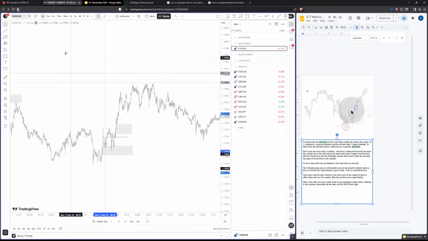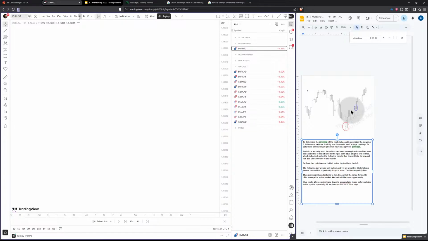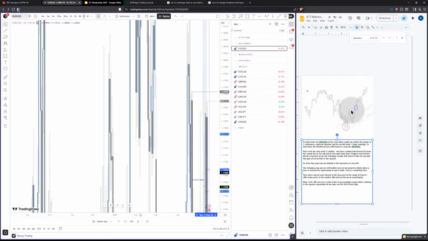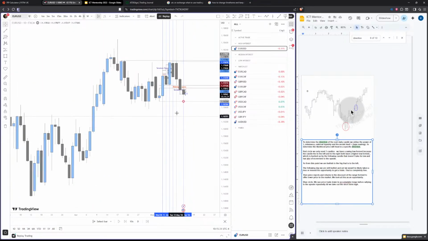But on the daily time frame, would be looking for at that point price to come down. Okay, there's a lot of drawings. Let's see what's going on with price.